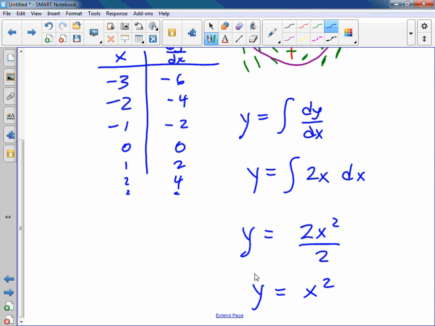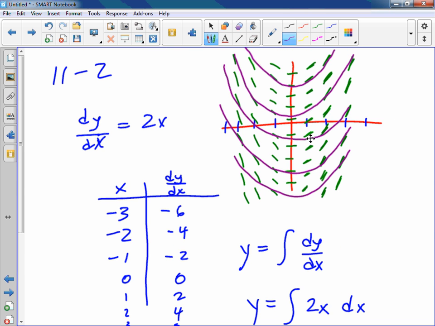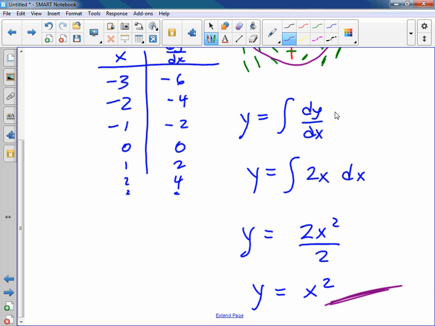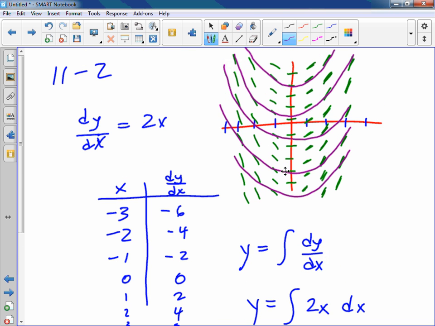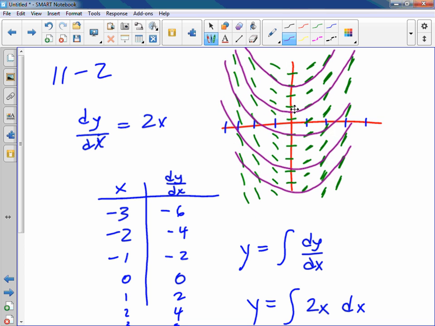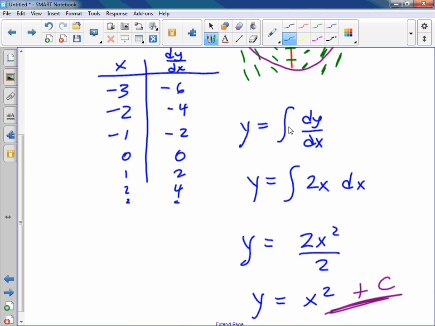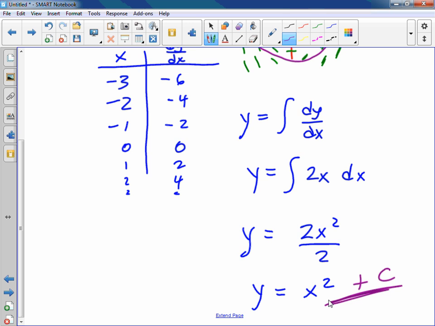Now look at the purple lines here. It's beautiful. Plus c. And all of these make that a true statement. All of these parabolas. You don't know where they're at, but that's a parabola.